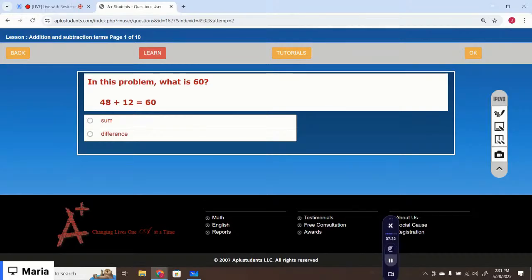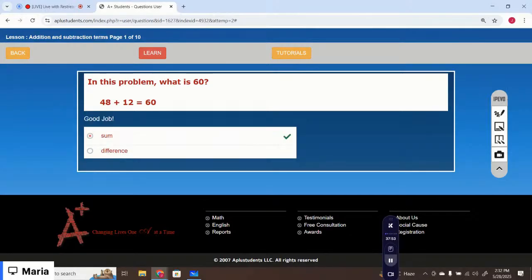In this problem, what is 60? That is 48 plus 12. So 48 plus 12 is 60. So 60 is the sum. Option number one is the correct option.